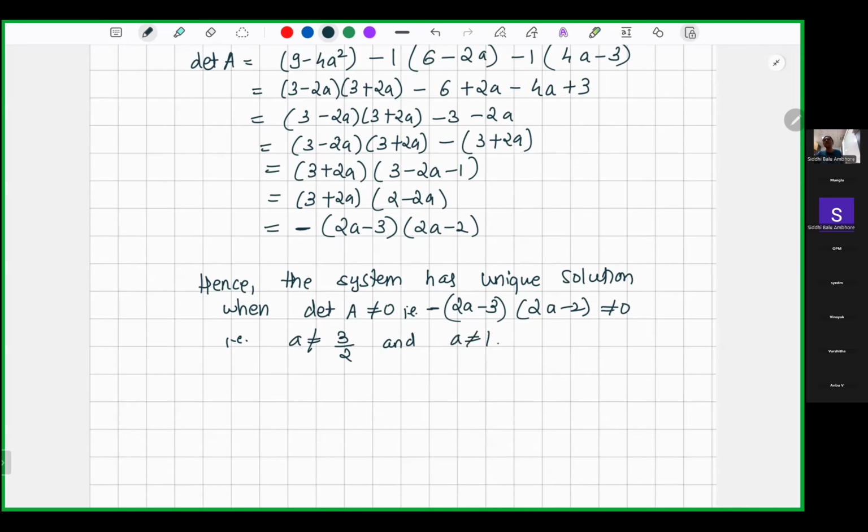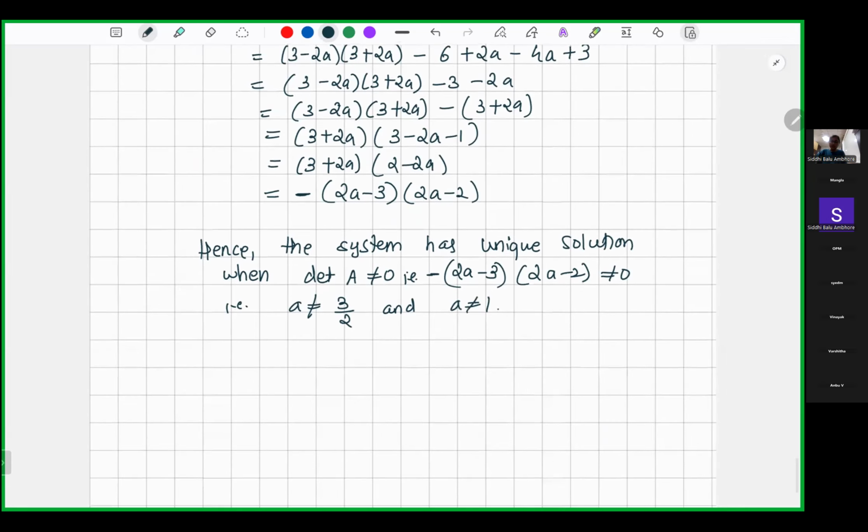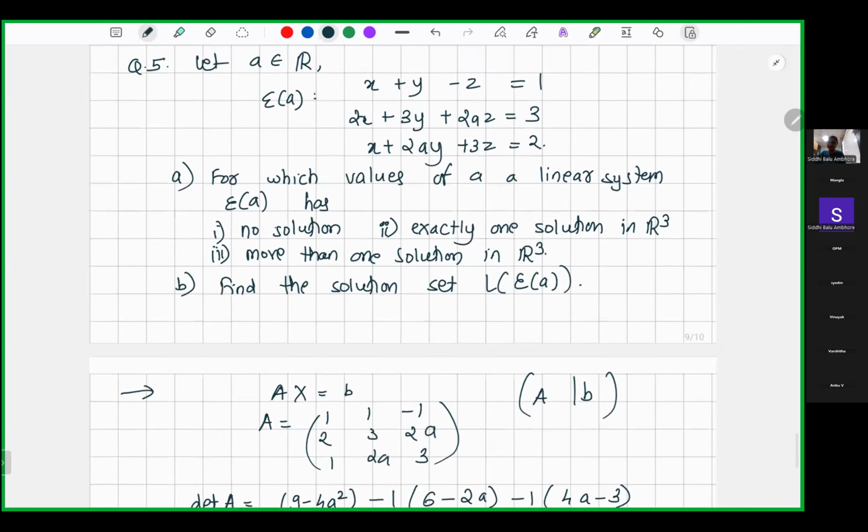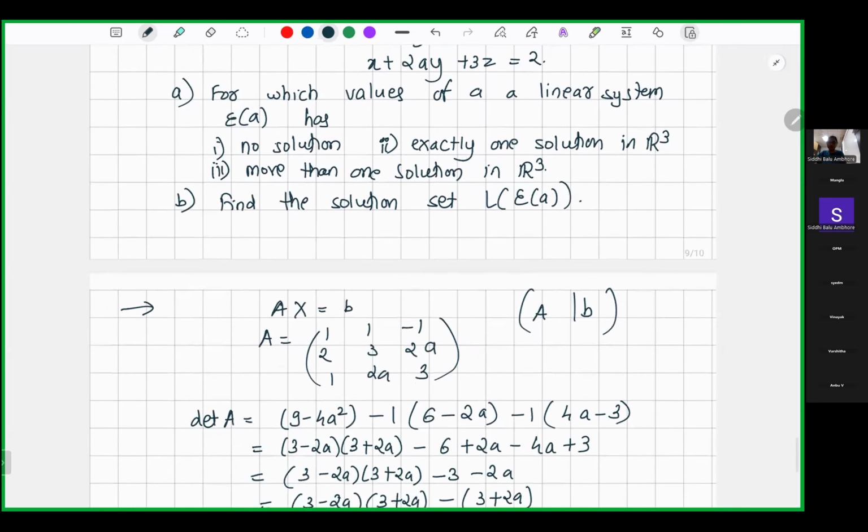Please let me know if I'm missing the calculation anywhere. Okay. So when this happens, the system has a unique solution, and we can find the solution using the Gauss elimination method and so on.